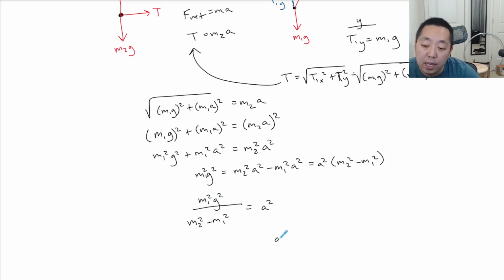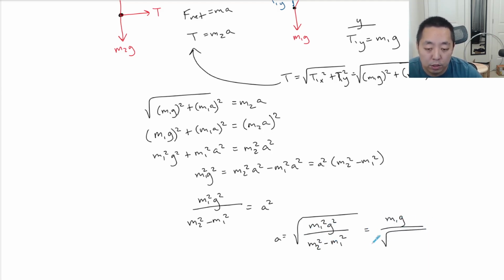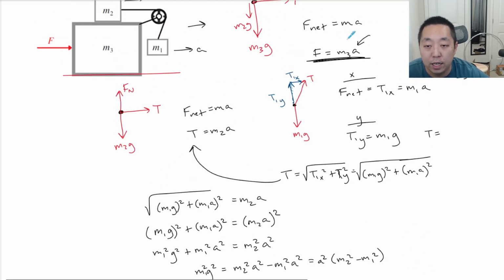And then a is just the square root of this thing. You could take the square root of the top already, and that would just be M1g, and then you just have the square root of the bottom, M2 squared minus M1 squared. And so that's the acceleration.